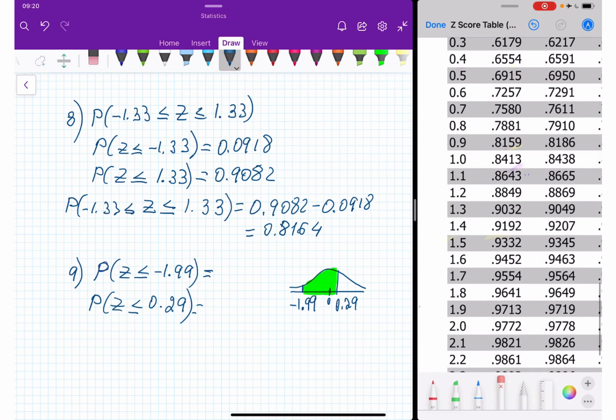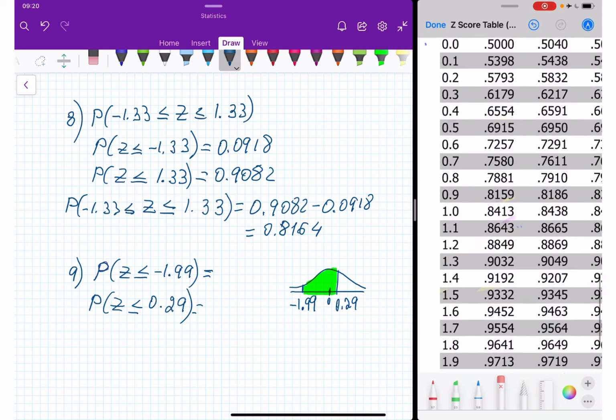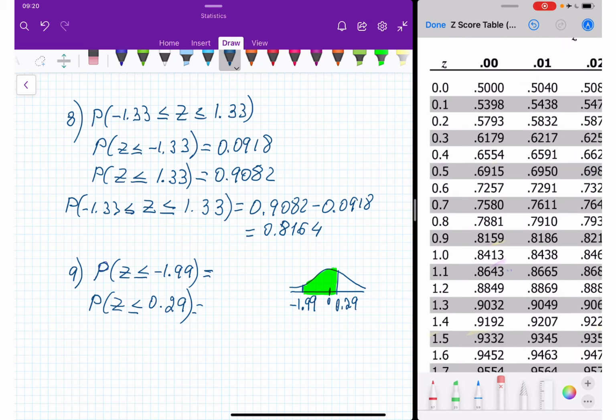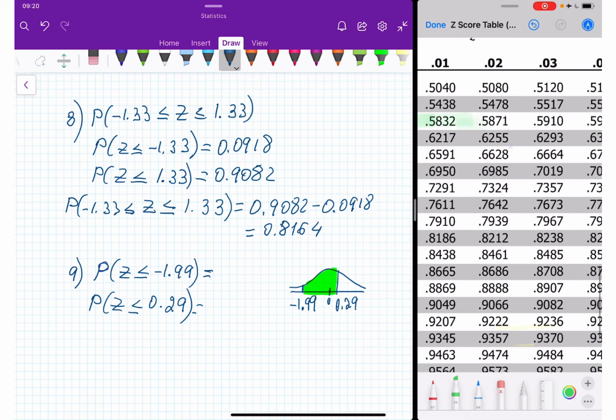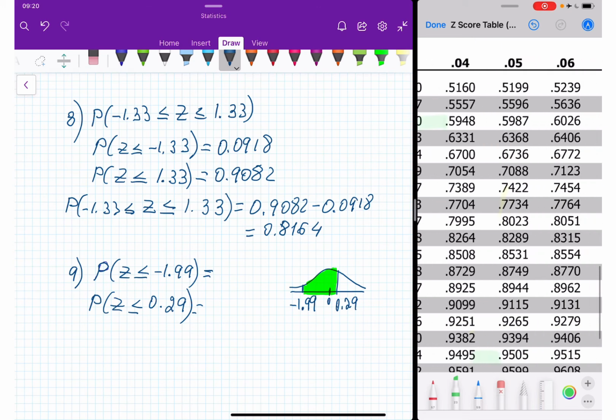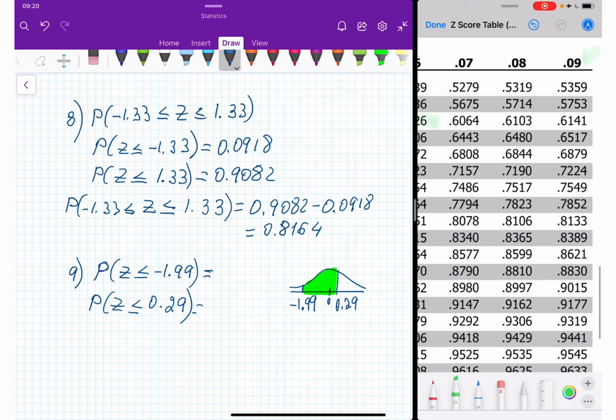Since we have positive, let me write down 0.29 first. This is going 0.2 and going all the way to 9. Right here, it's going to be 0.6141. Okay? Let me clean this.